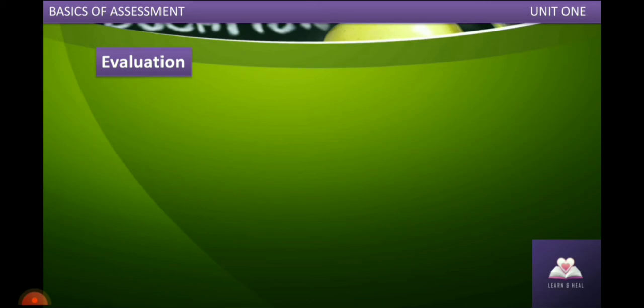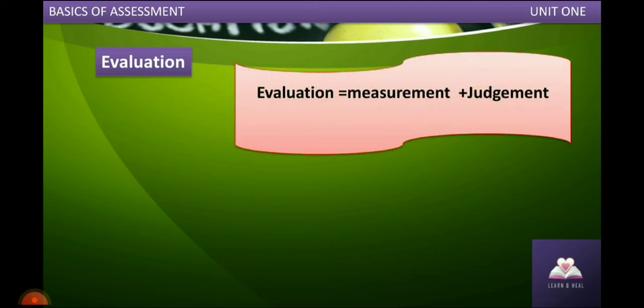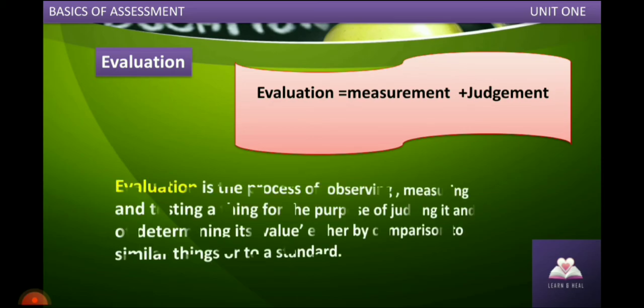And we'll be moving to evaluation. What is evaluation? Evaluation is nothing but measurement and judgment. So measurement and judgment together we'll call evaluation. It is a process of observing, measuring and testing a thing for the purpose of judging it and determining its value, either by comparison to similar things or to a standard.